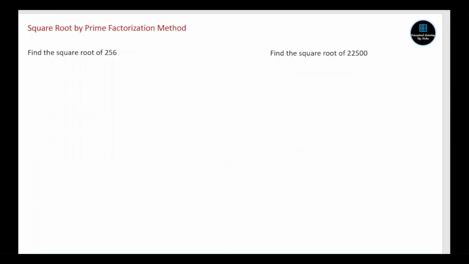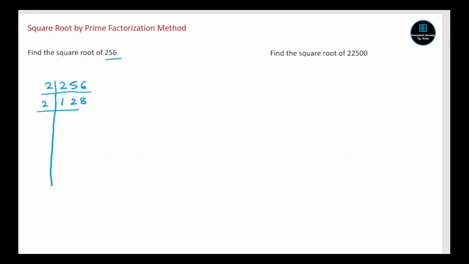It is the prime factorization method. Let's understand the prime factors of the first number given here, 256. I'll prime factorize this number, which means we have to find the prime factors of the given number. I'll start with 2 because 256 is an even number. Divide by 2, I get 128.